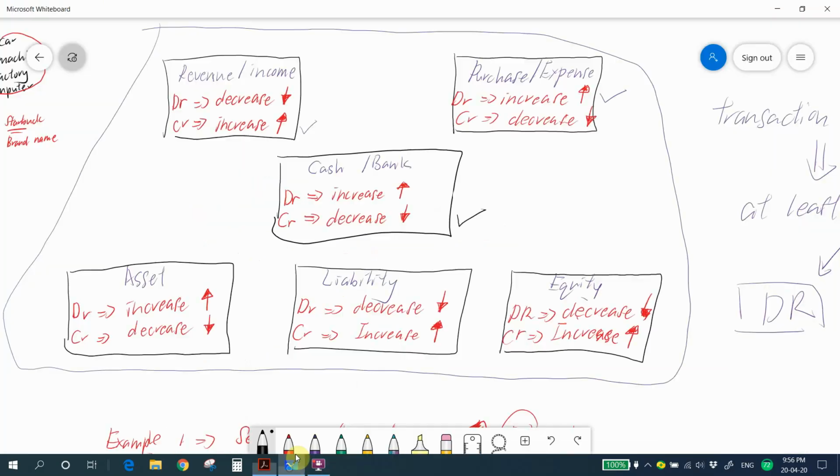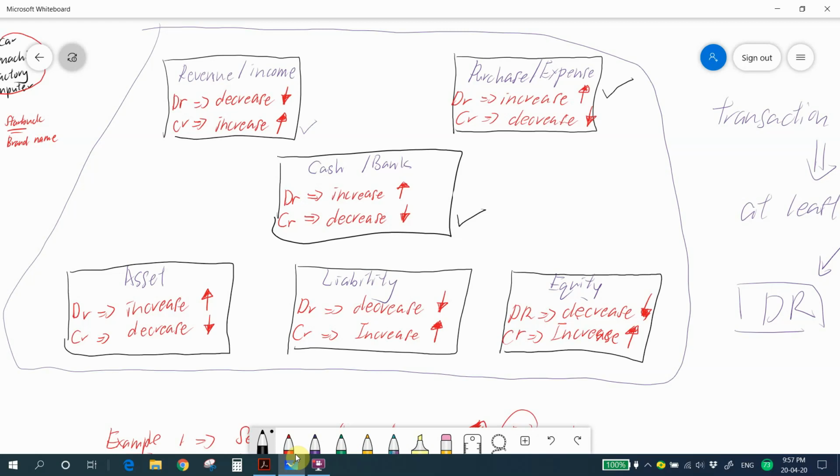This is related to your purchase and expenses account, right? When you pay your rental to your landlord, will your total rental expenses become more or less? The answer is more, increase. It means that your total rental expenses will become higher after you make the payment.